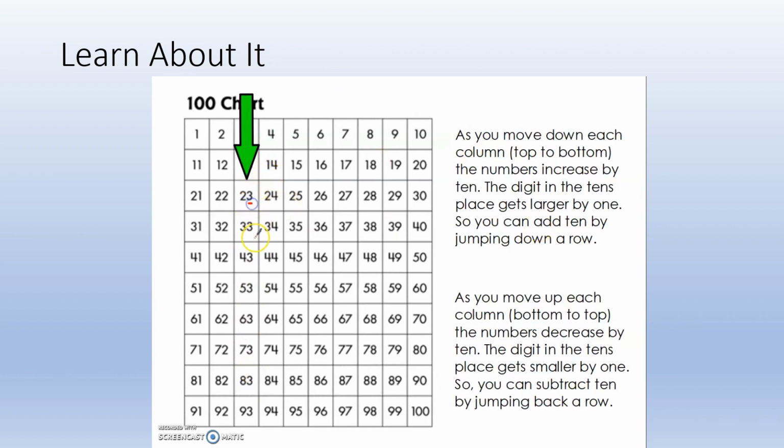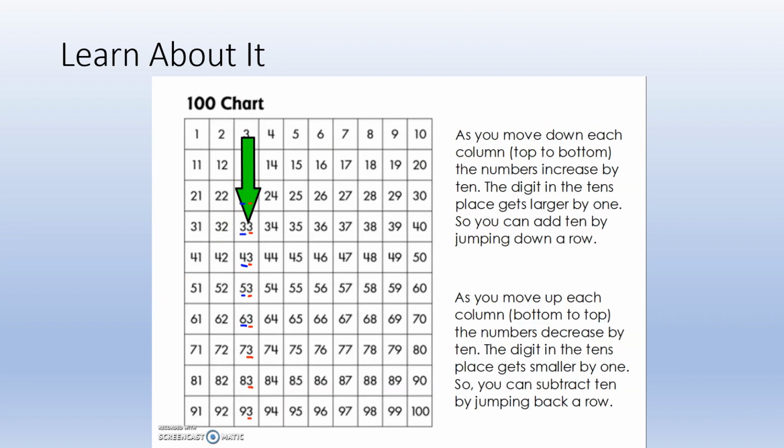The number in the ones place stays the same because when we just add 10, we're not adding any ones. However, the number in the tens place increases by 1. So you can see from 2 tens to 3 tens, 4 tens, 5 tens, 6 tens, all the way down. So if we want to add 10, we can do so by jumping down a row.